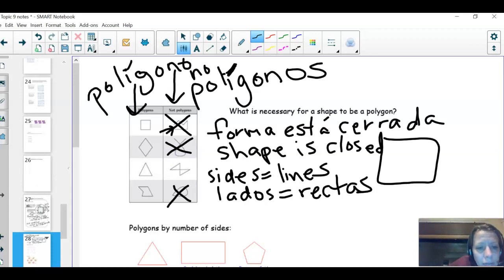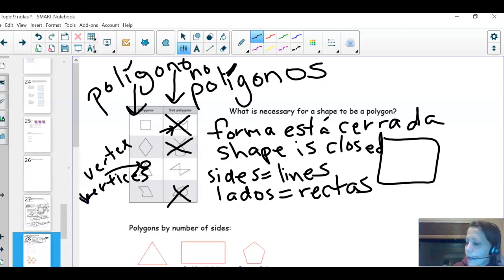Also, they have to come to a point where two sides come together and make a vertice or a vertex, and then vertices is more than one.